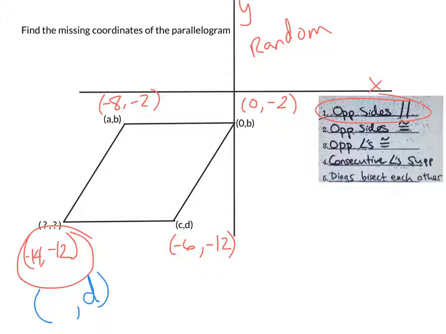Well, how did I get my x coordinate when it came to the first one? I took my x coordinate from up here and had to head over what this guy was here. So essentially I took these two numbers and I added them together.